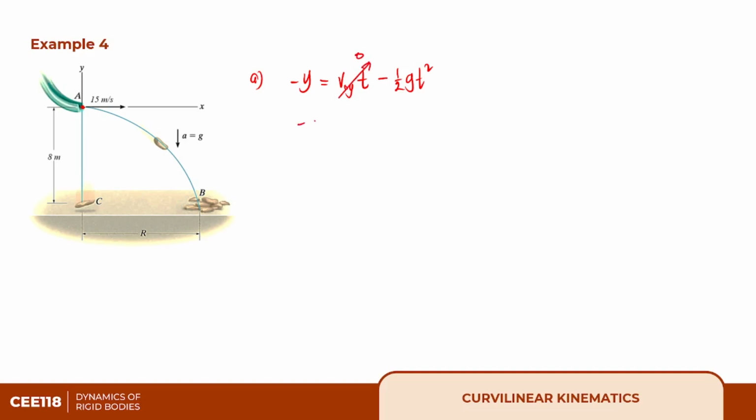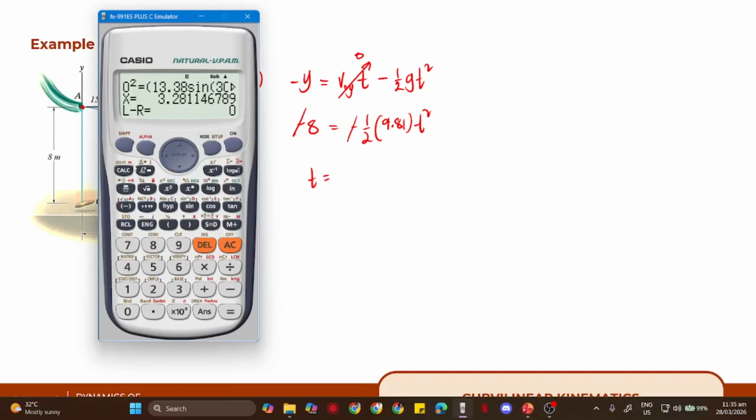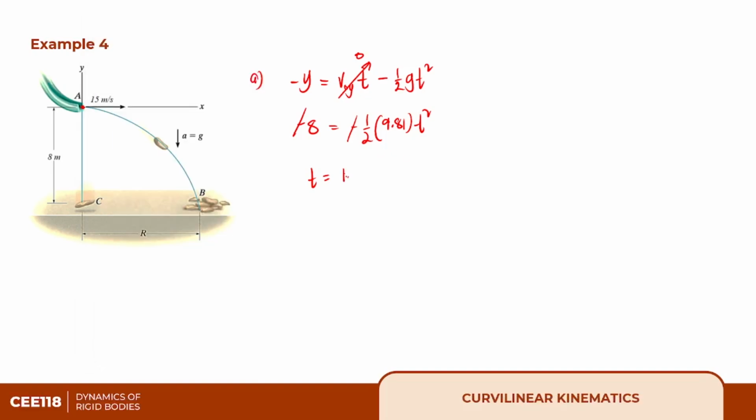So, negative of 8 equal to negative of 1/2 times 9.81 times t square. So, therefore, t would be equal to what? Negative, makakancel lang yan, no? So we have here 8 times 2, and then divide by 9.81, and then you square root it, and that is equal to 1.277 seconds. Basically, this is your answer for the first unknown.